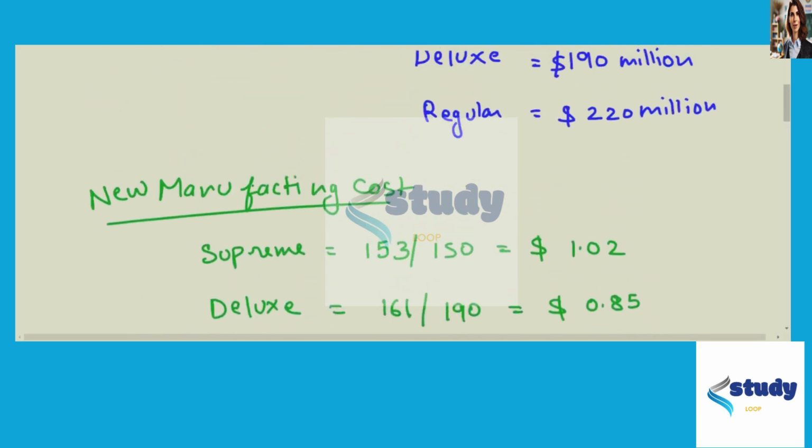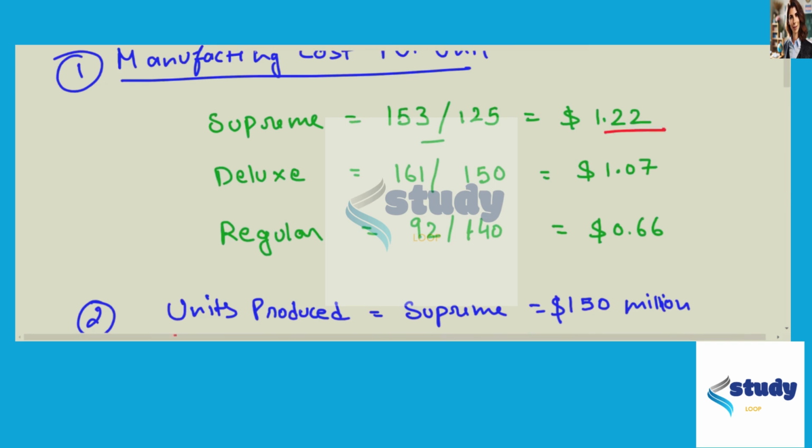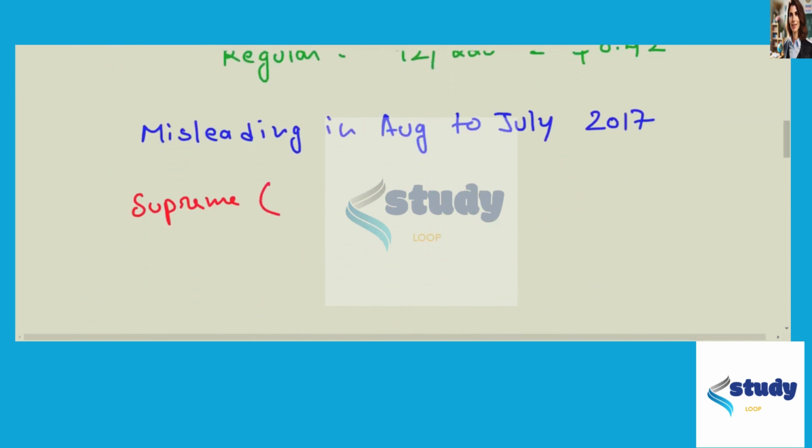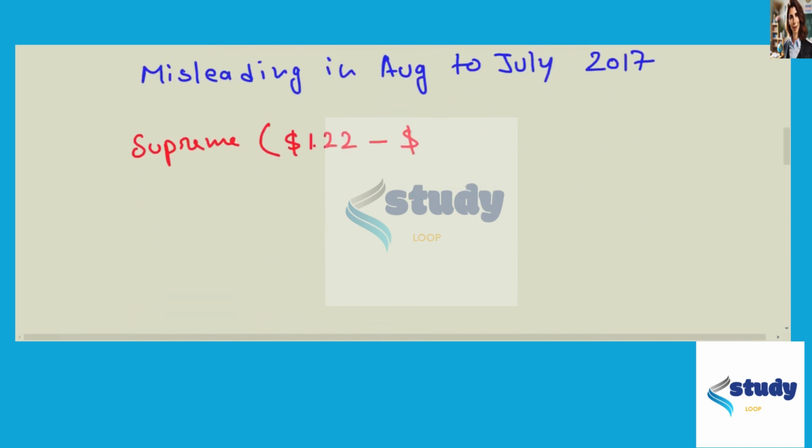In first case, the manufacturing cost per unit was for Supreme $1.22, minus, in second case we have calculated $1.02. Once we calculate, we'll get 0.20 US dollars. Now, similarly, we'll go with Deluxe.